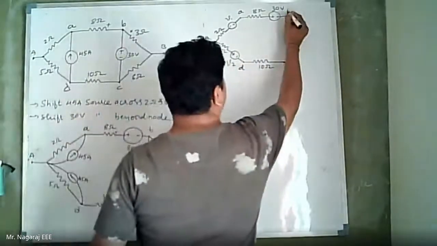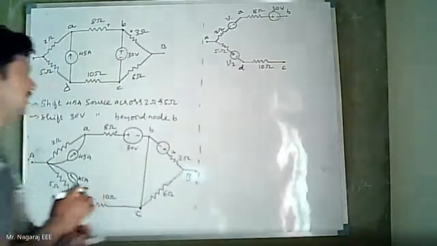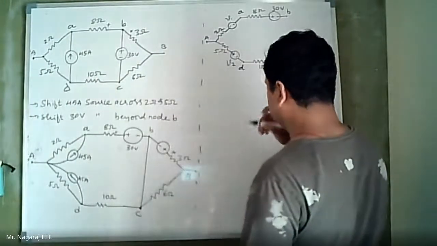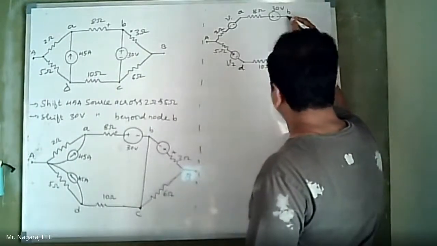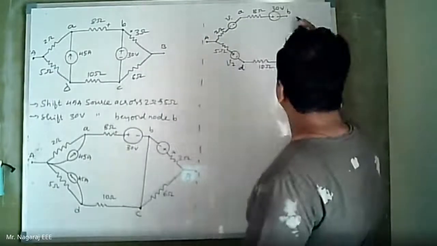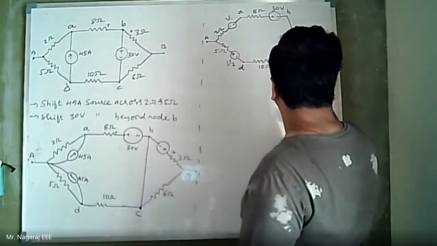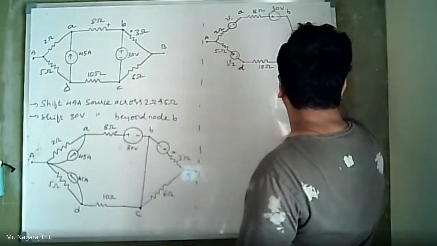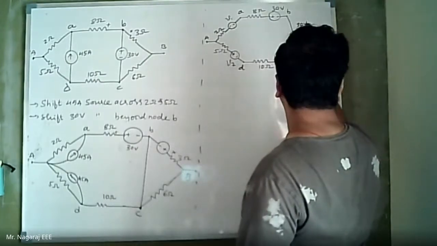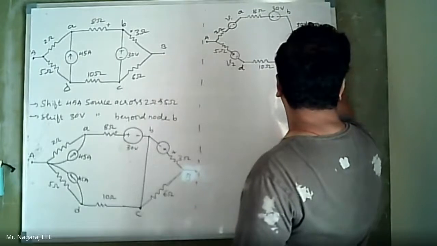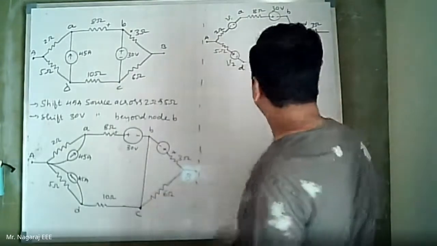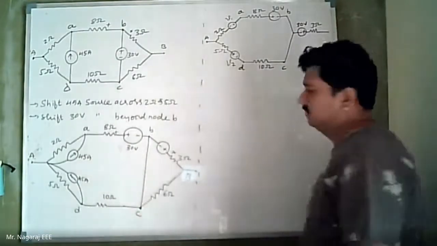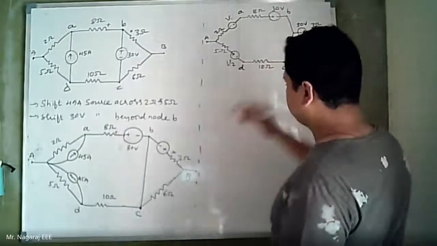Now node B and node C is same. Now I will take a common connection. Now this is a source, 30 volt 3 ohms, and from node C there is a 6 ohm resistor.